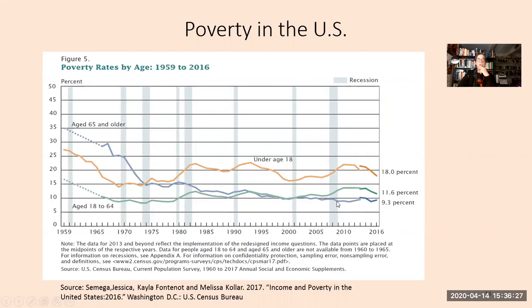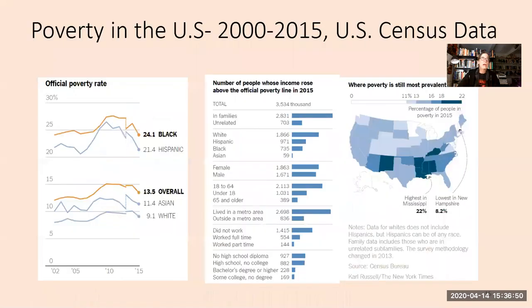Used to be the highest, and we have adults 18 to 64 are a bit higher than those over 65, and households headed by people under 18, that's not so surprising, it's almost 20% of those households.